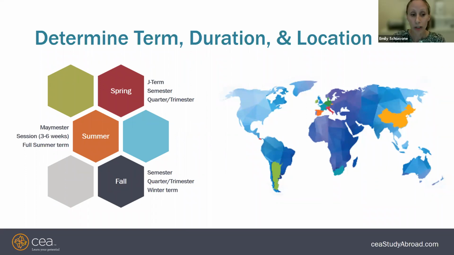And then we can do full summer terms, something that could go as long as 8 weeks, or even a session that will last as few as 3 weeks, or up to 6 weeks, and anywhere in between. Those are probably the most popular, but we can accommodate just about anything.